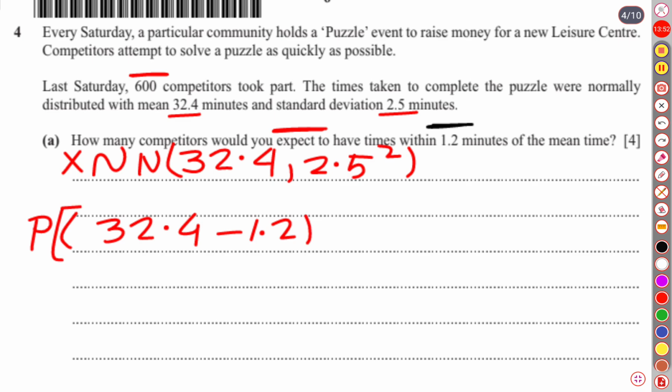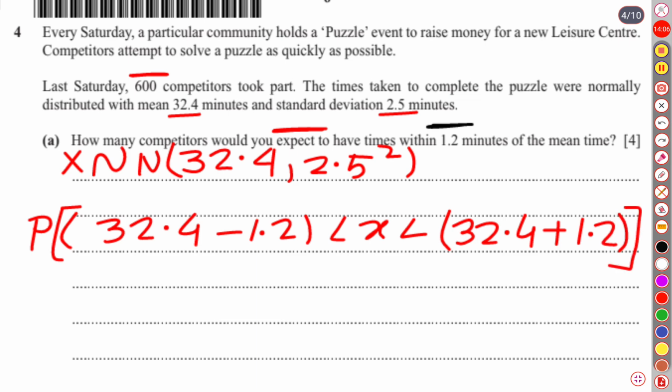Then the upper value is x less than 32.4 plus 1.2 minutes. So I think you got my point, that they have told 1.2 minutes of the mean time. That means it will be either 1.2 minutes less than 32.4 or more than the mean time 32.4 minutes.